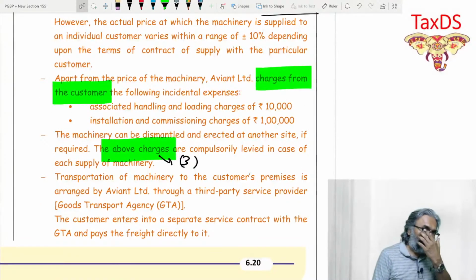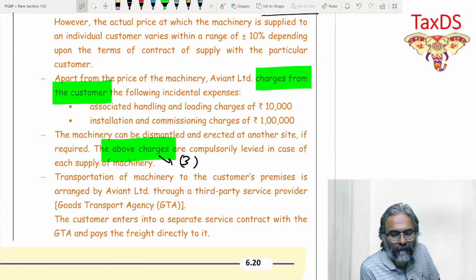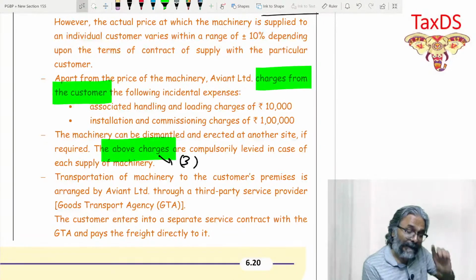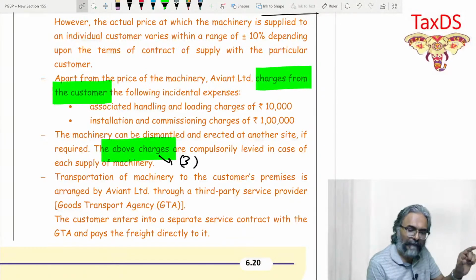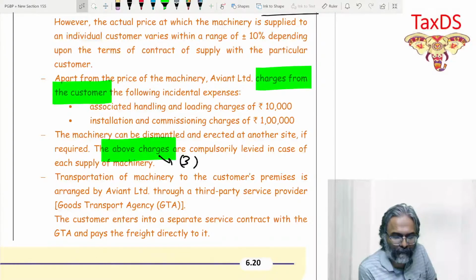Now you tell me one thing, students, over here. This is an important one. Transportation of machinery to the customer's premises is arranged by Avient Limited through a third-party service provider. That is GTA.